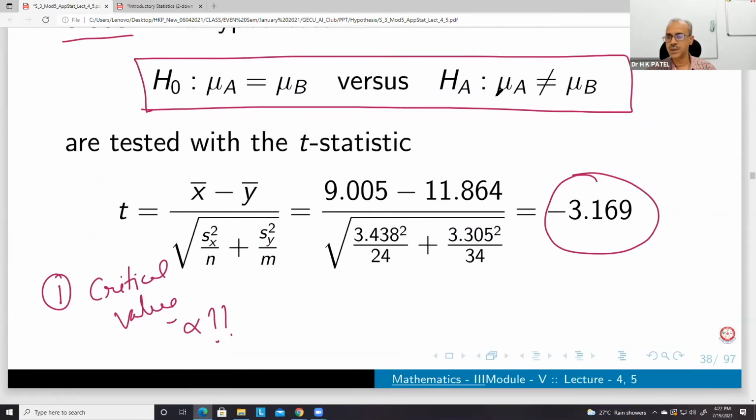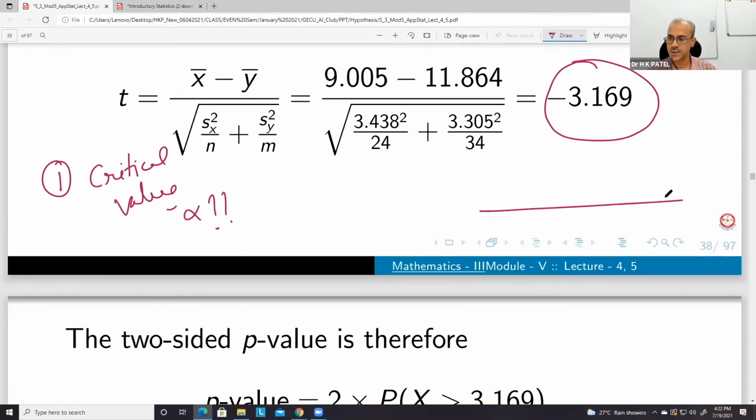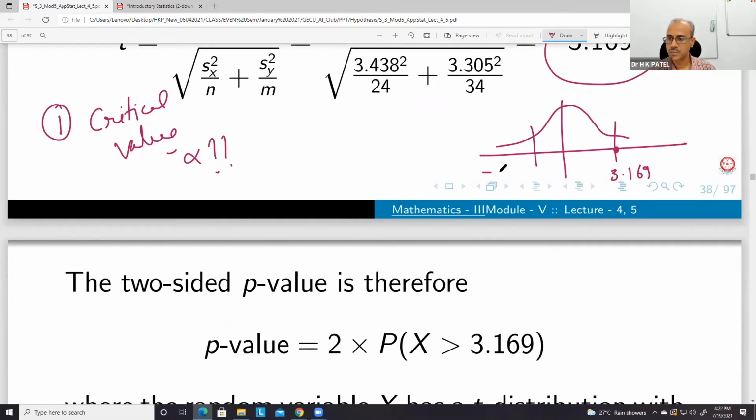Because this is two-sided, not equal to, you have to consider the area on both sides. This is 3.169, and this is minus 3.169.